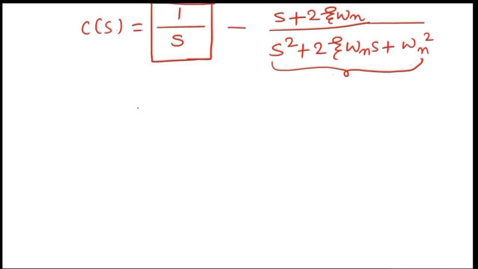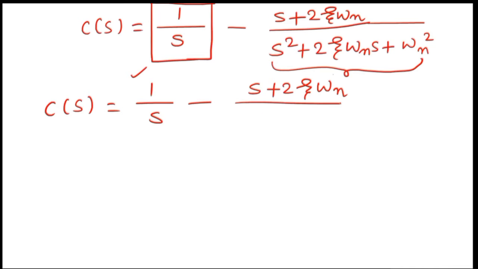Now, this C of s can be written like this: 1 by s, you don't touch this factor, minus s plus 2 zeta omega n over s square plus 2 zeta omega n s.